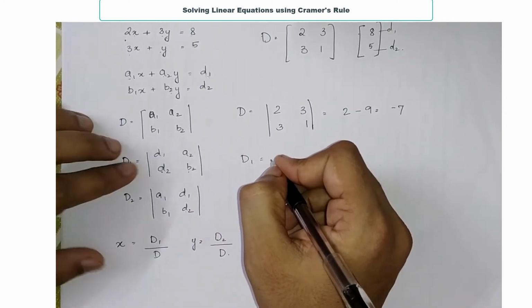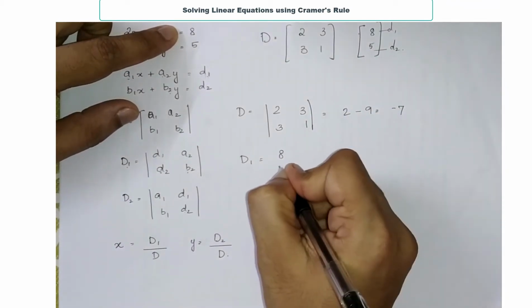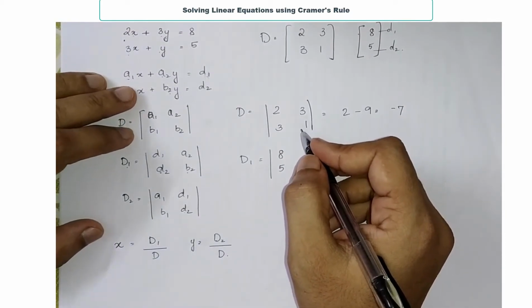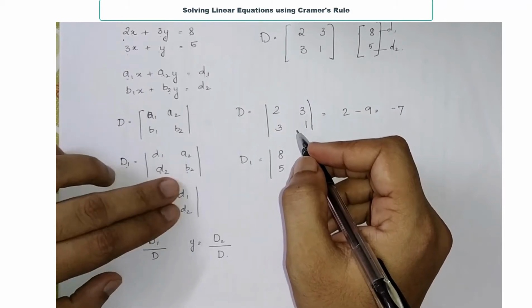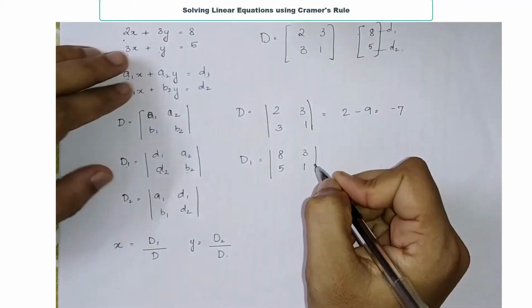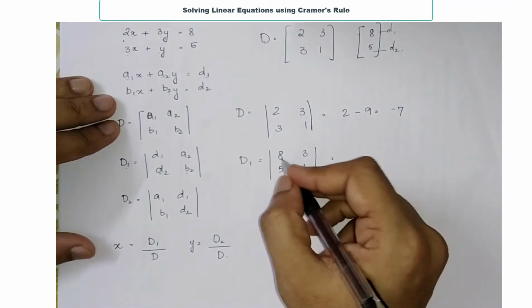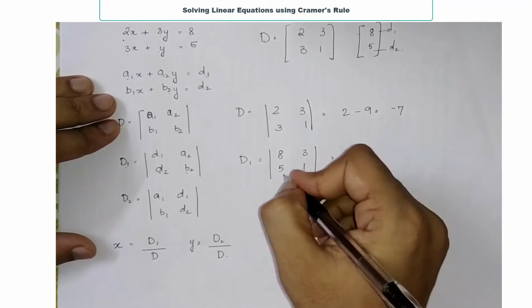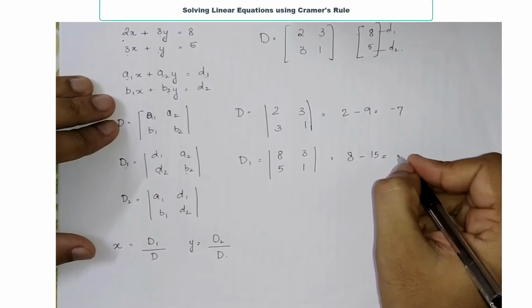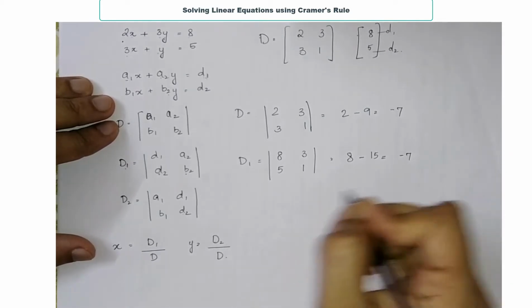D1 is the matrix with d1, d2, that is 8 and 5, and a2, b2, that is 3 and 1. The determinant is 8 minus 15, and you get the answer as minus 7.